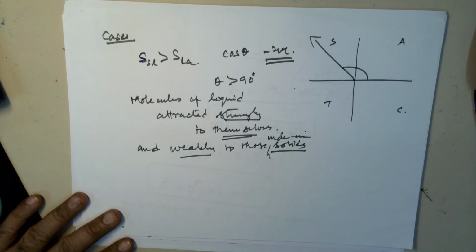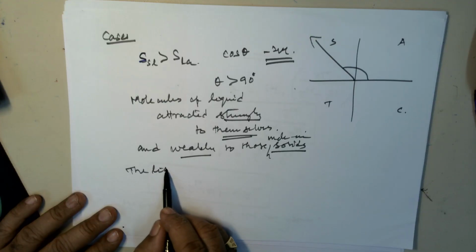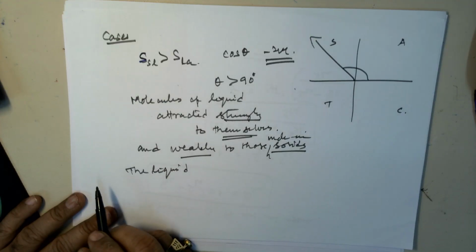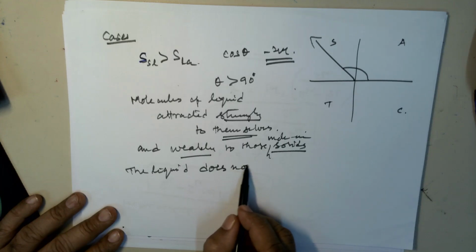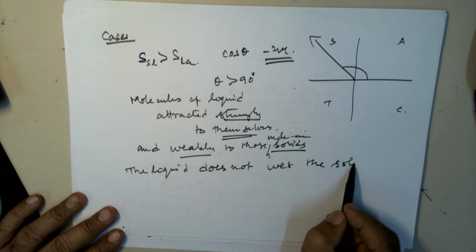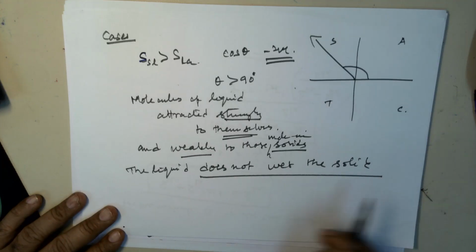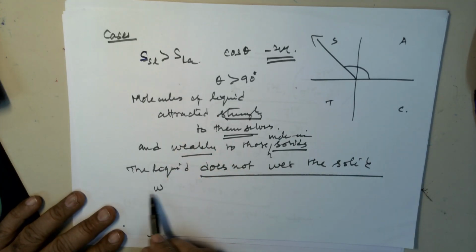So it means the liquid does not wet the solid surface. And that is why you get that lotus leaf and water system.